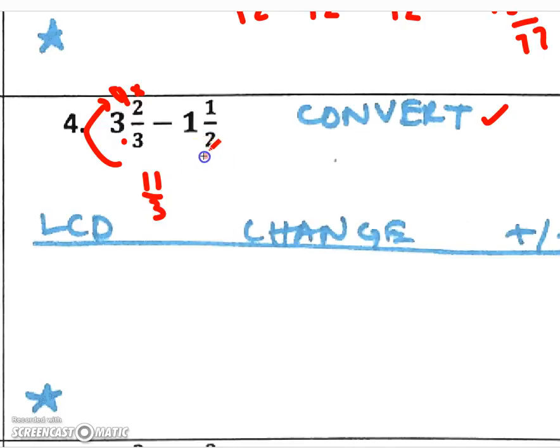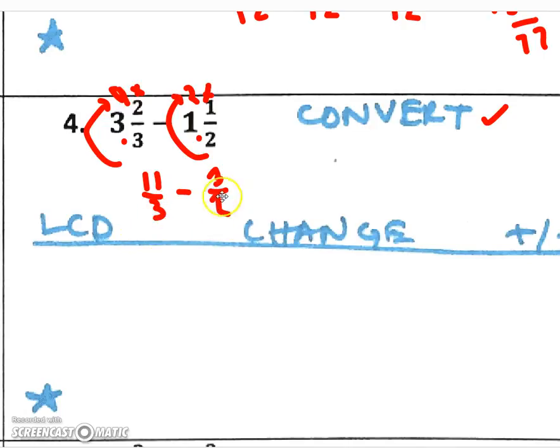Got to go around the world on this fraction as well. 2 times 1 is 2. Add 1. 2 plus 1 is 3. 3 over 2. Okay, so I converted my fraction. 11/3 minus 3 over 2.